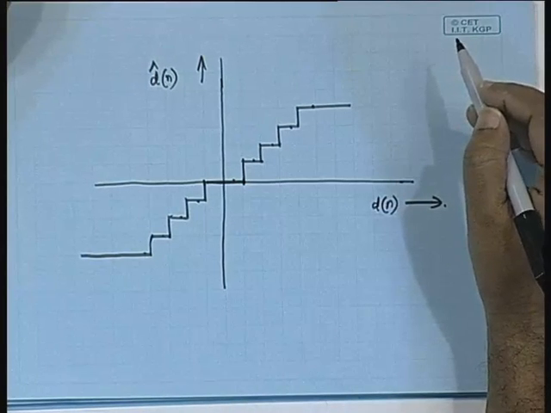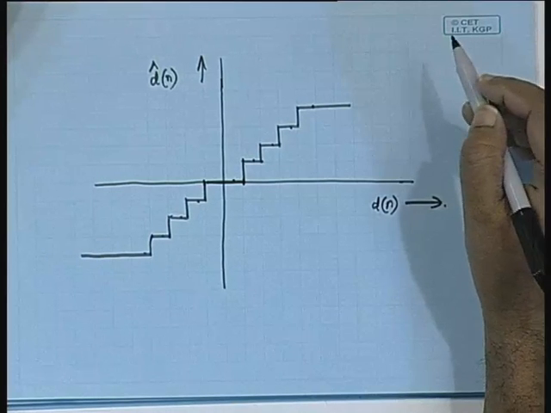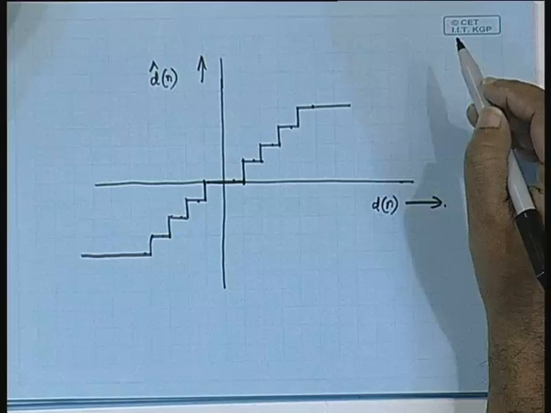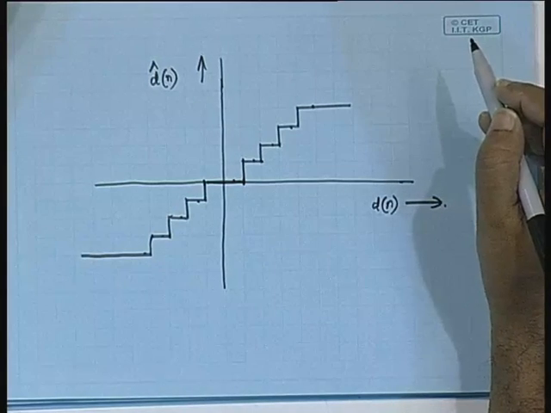We were very coarsely quantizing it. So, delta modulator is in fact a special case of the differential pulse code modulation, where the number of levels is equal to 2, but in general in a DPCM the number of levels is larger than 2.